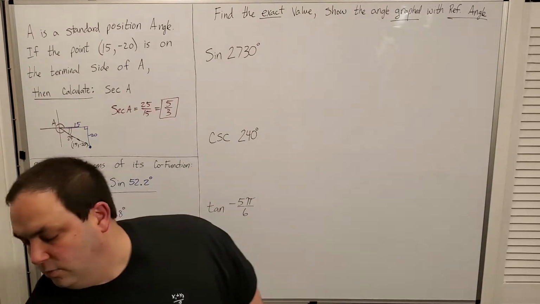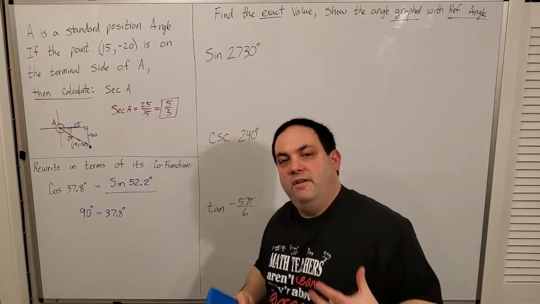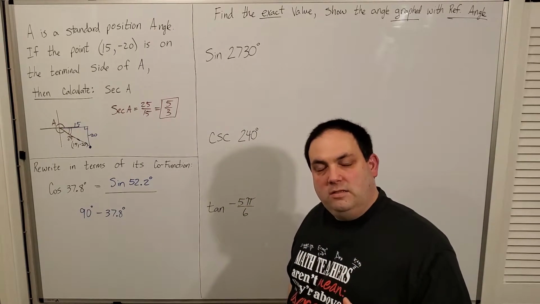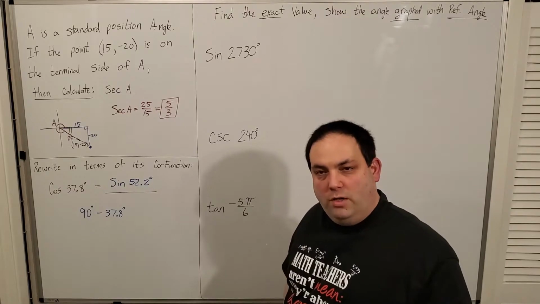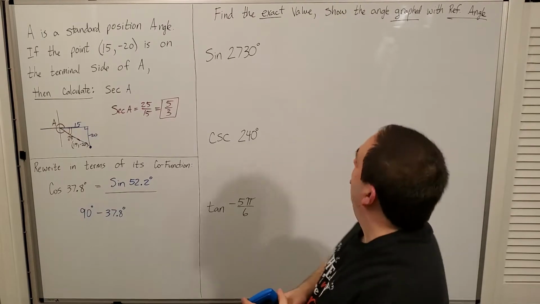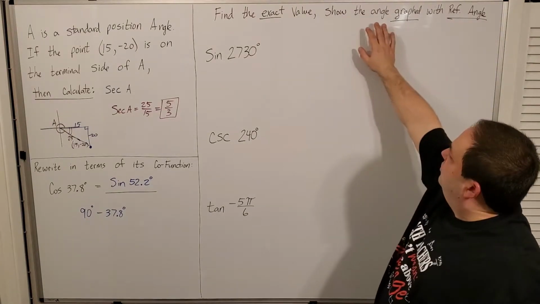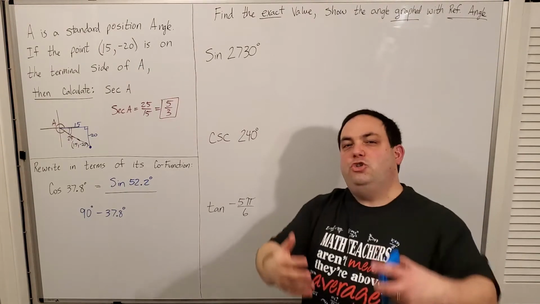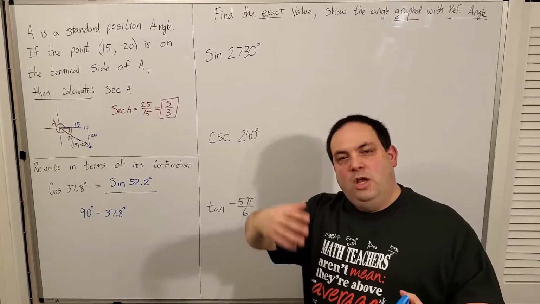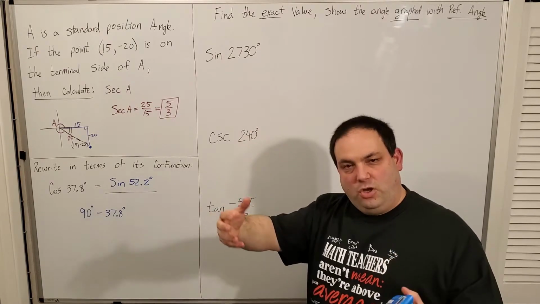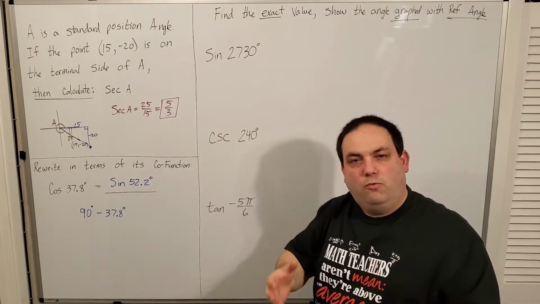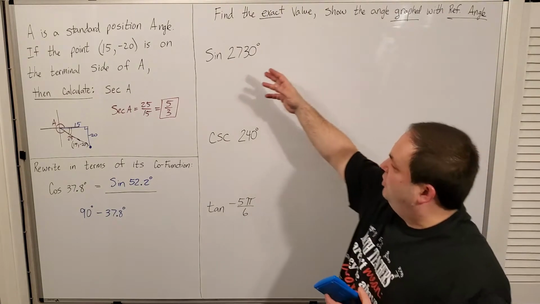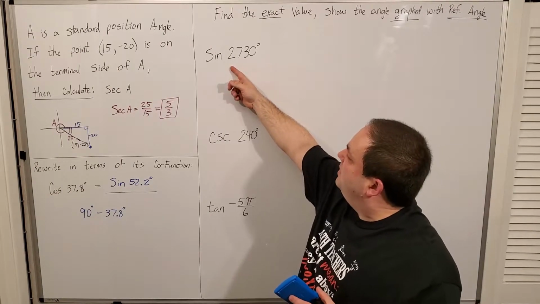So I start out by trying to section this out into where does this land in the four quadrants, right? And then I also want a reference angle. So the problem specifically asks for the graph and the reference angle, but you're going to do that anyway. You really need to show the understanding and make sure that you're in the right place and setting up the right problem. Okay, so here's the easy way to do these kind of things.